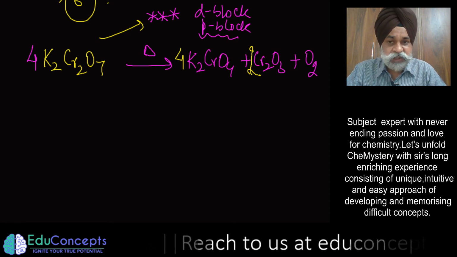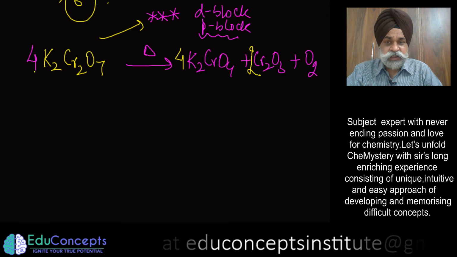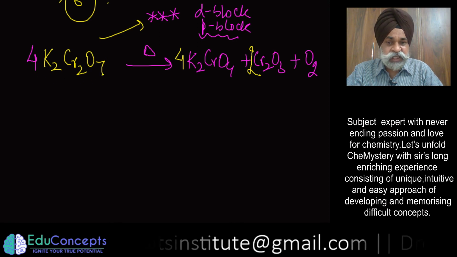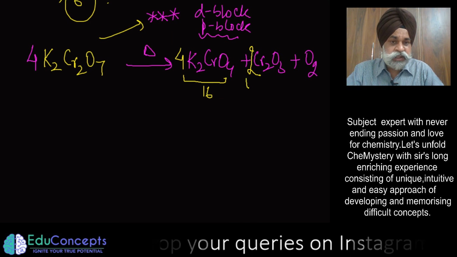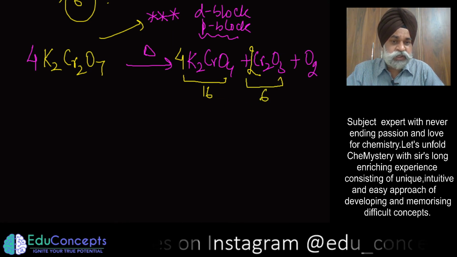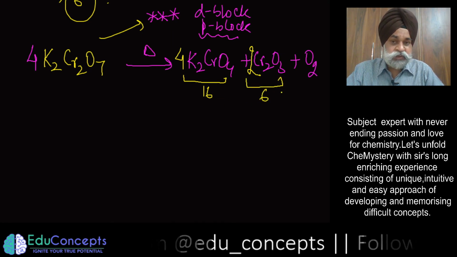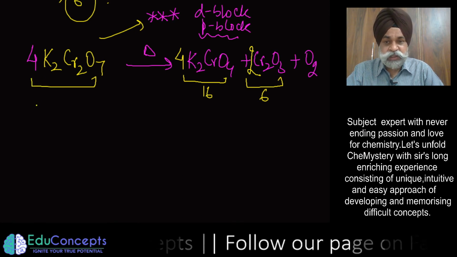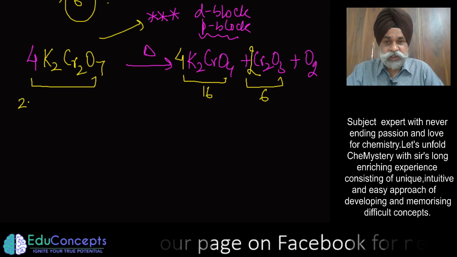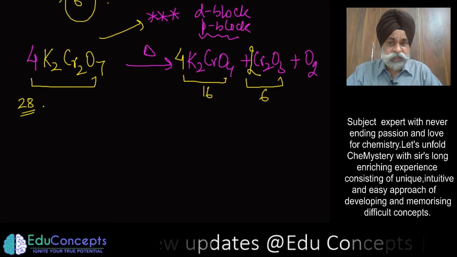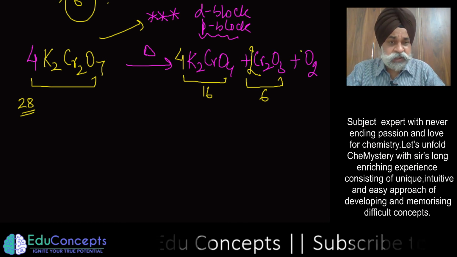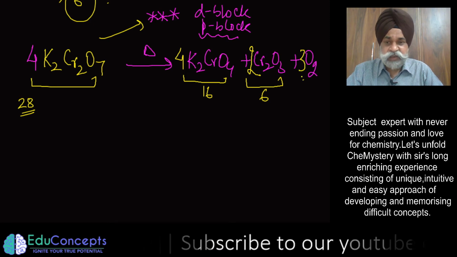Lastly I will see the oxygen. There are 28 oxygen atoms. Here you have 16 oxygens, here you have 6 oxygens, so in total you have 22. So I should place 3 oxygen atoms here. So everything got balanced.